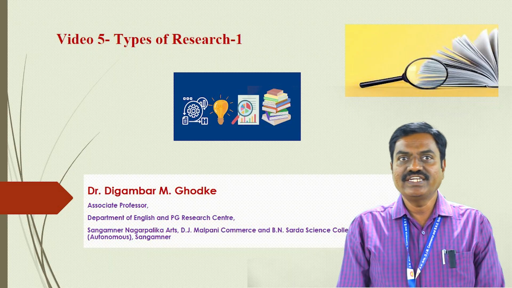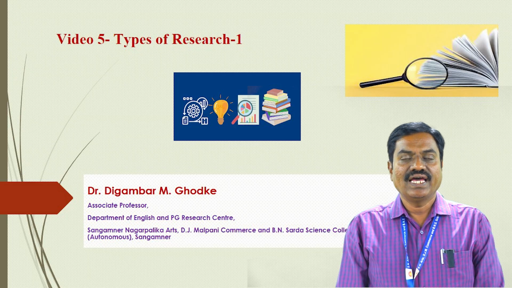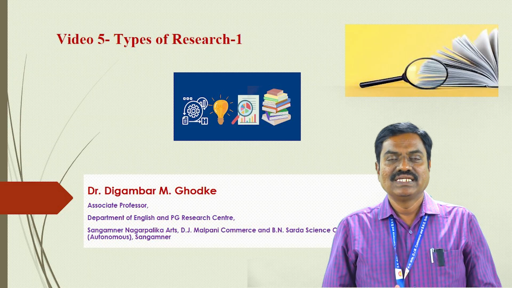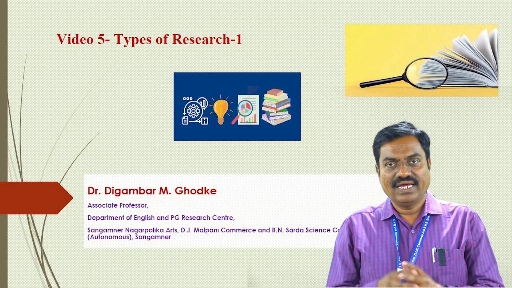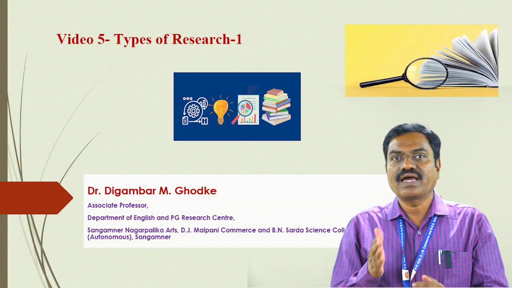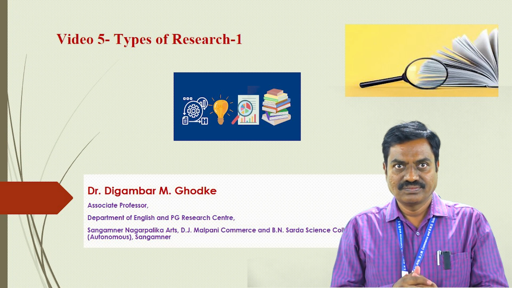Having discussed the key terms in research and research methodology in lesson 3 and 4, in this lesson and in the next lesson too, we shall talk about different types of research.